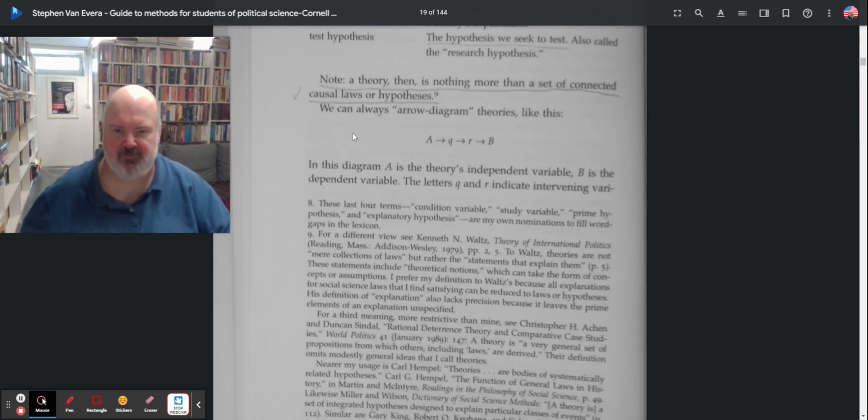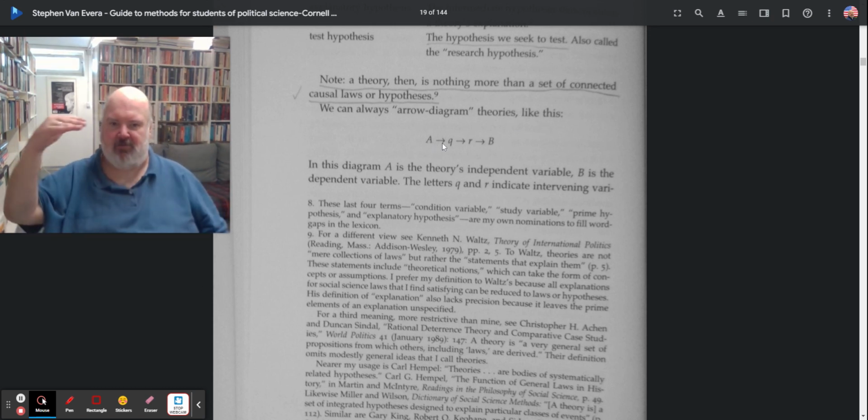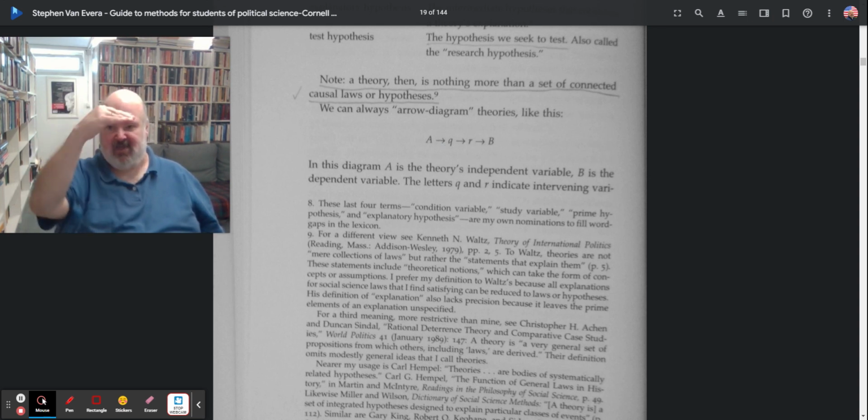So let's go like this. Theories are nothing more than a set of causal laws or hypotheses, right? We can always arrow diagram theories like this. Remember what an arrow always means: causality.